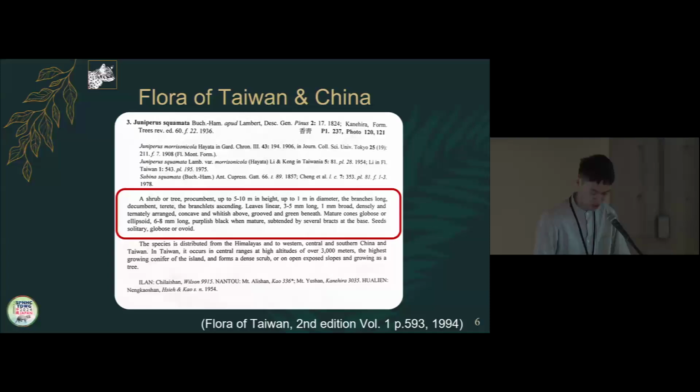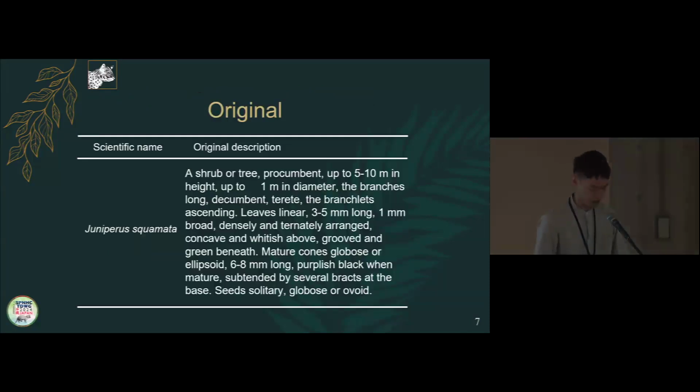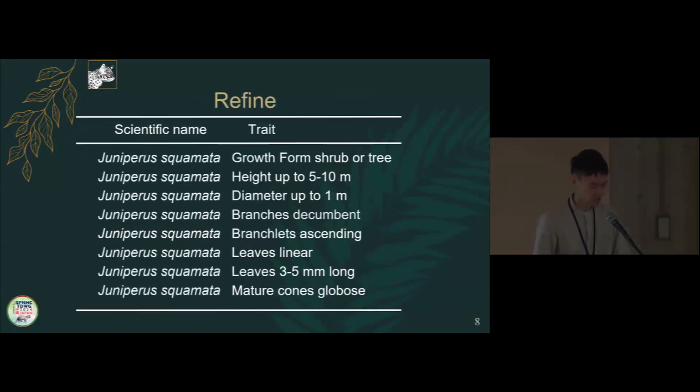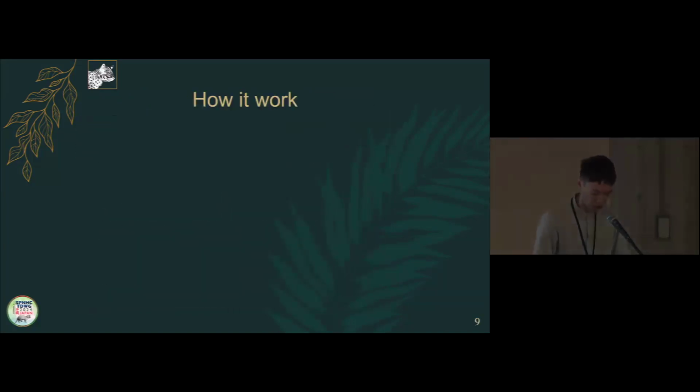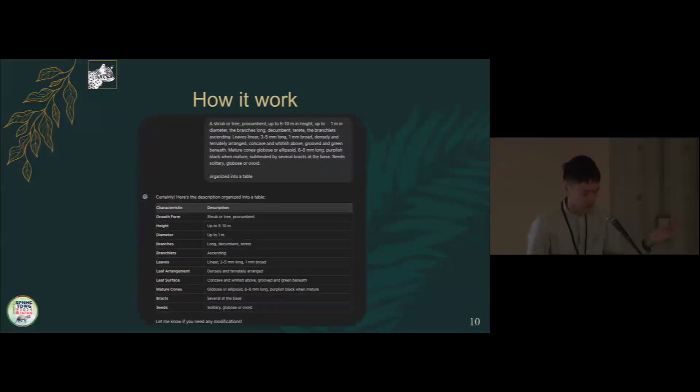In practice, I extract this textual data from the Flora like this, and I parse it into this format. And how does it work? I think everyone can do it by yourself. It's definitely not done manually. I just tell ChatGPT, please organize it into a table, and it's done.